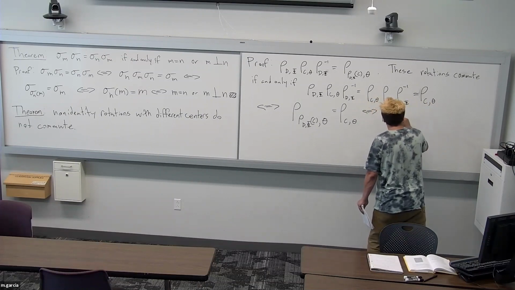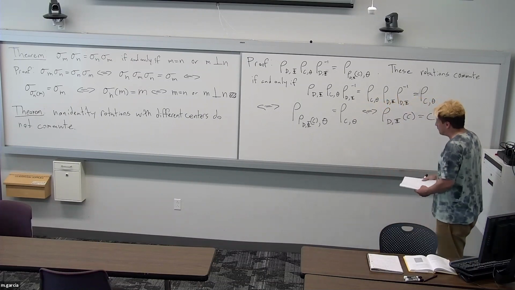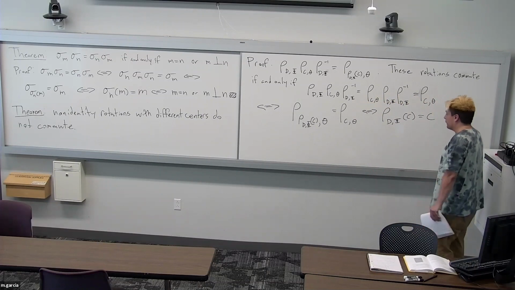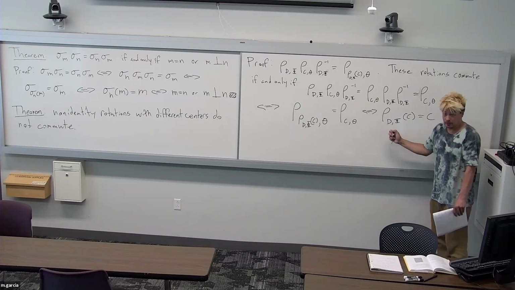In other words, this is to say that rho sub d comma phi of c is equal to c. But remember, the only fixed point of a rotation is its center.